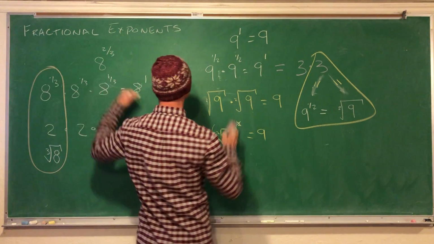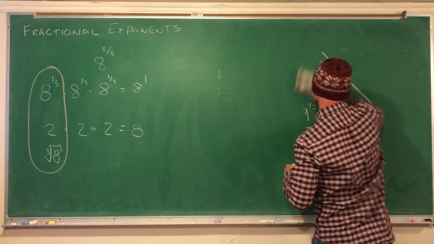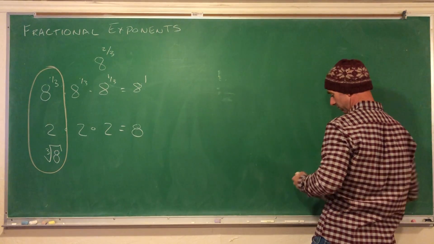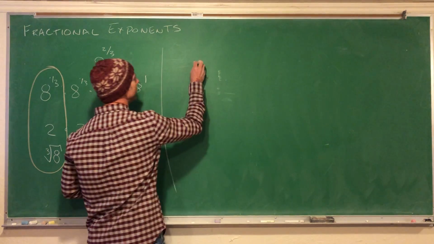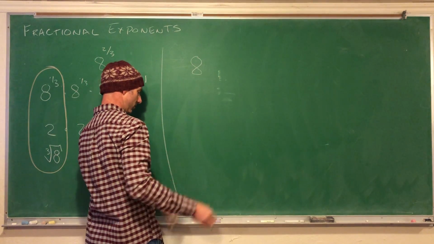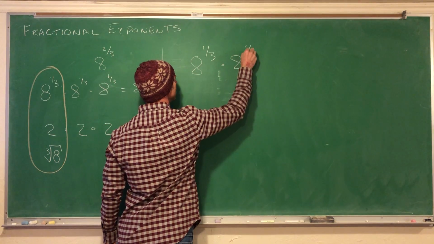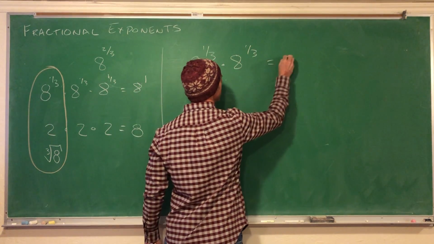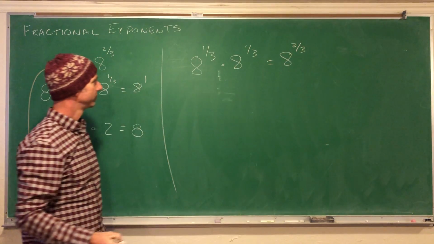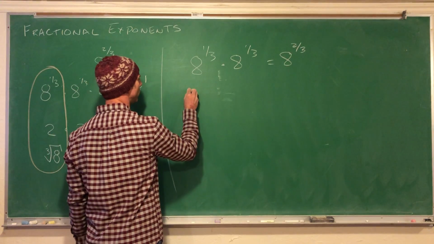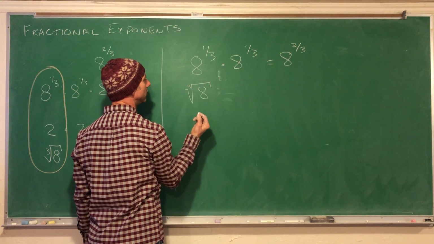Now let's look at this 2 up here. If I have 8 to the 1/3 times 8 to the 1/3, that's 8 to the 2/3. And we just decided 8 to the 1/3 is the cube root of 8.